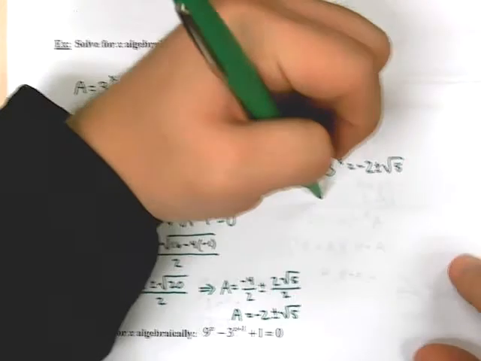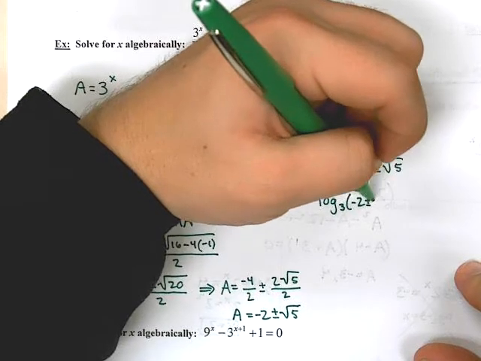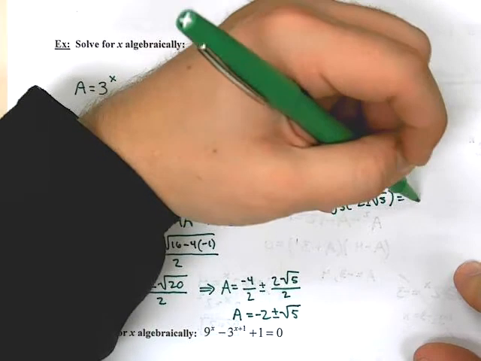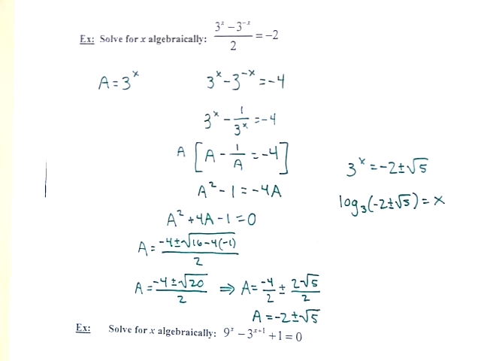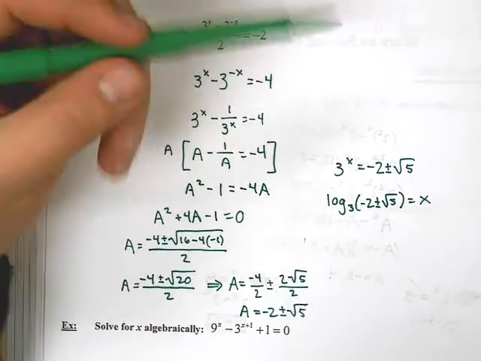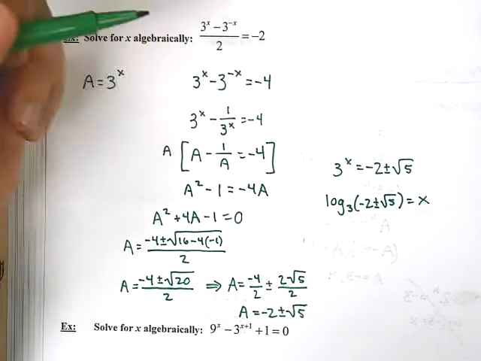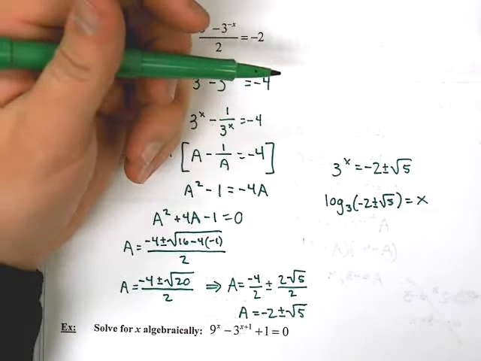So I would say log base 3 of negative 2 plus or minus root 5 is equal to x, and please just make sure you check for extraneous solutions. Very similarly to the last problem, I'm not going to be okay with one of these. All right, one of these is not going to work.